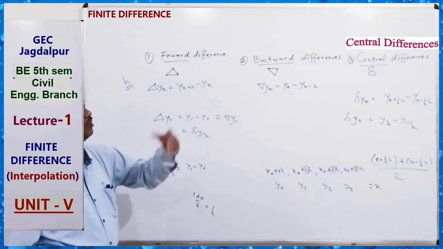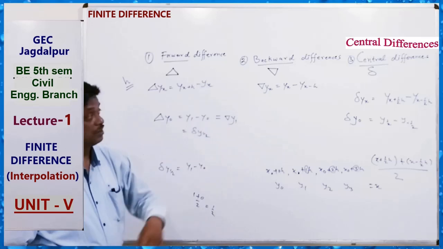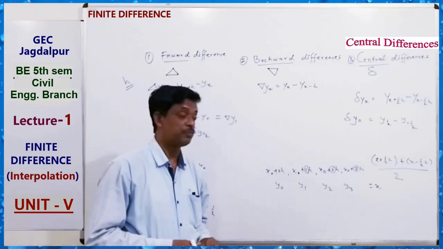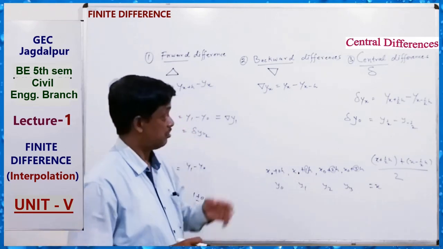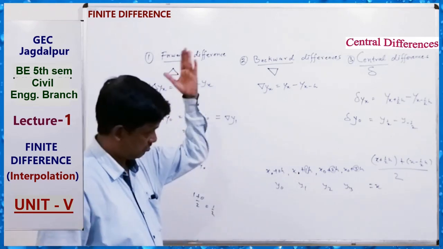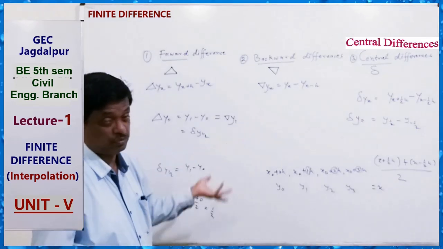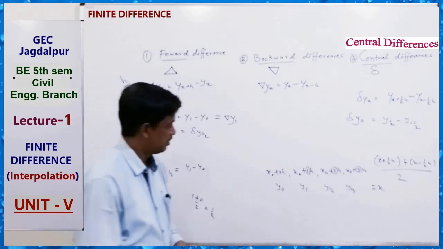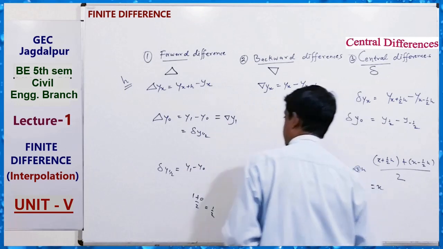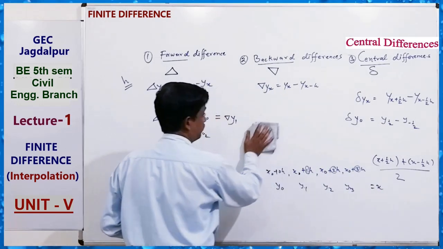These three types of differences are useful for making formulas for interpolation, and those formulas are very, very important. Using the formulas we can interpolate the values of functions. Clear? So these three types of differences are there.